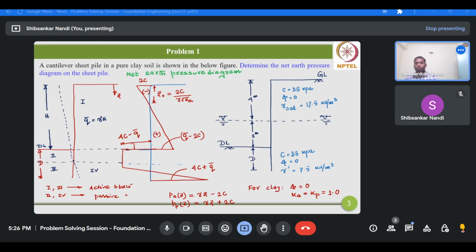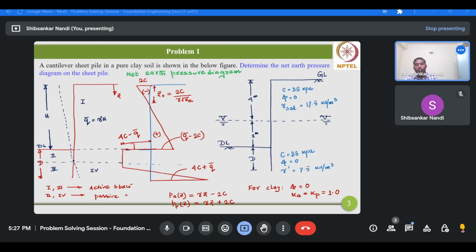Then this net earth pressure at the same dredge level, as you move from region 1 to region 2, or from the right hand side to the left hand side, you will be having a value of 4c minus q bar, and this distribution remains the same up to a certain depth, as we just discussed.